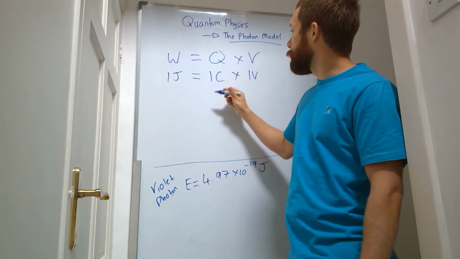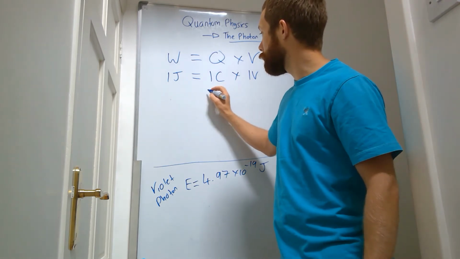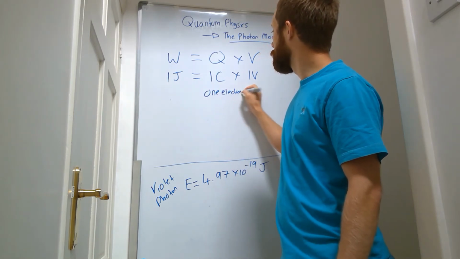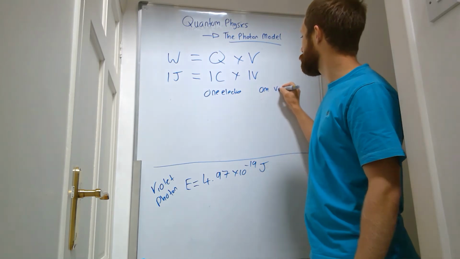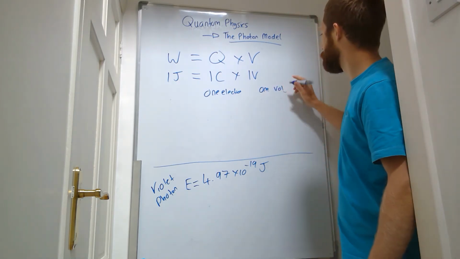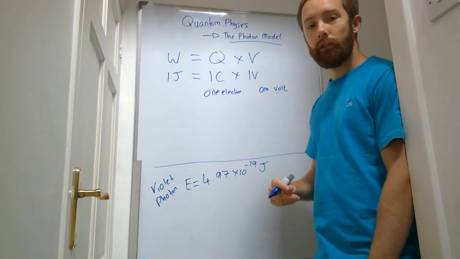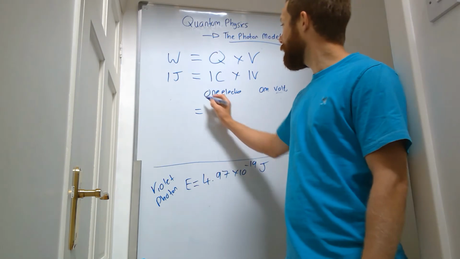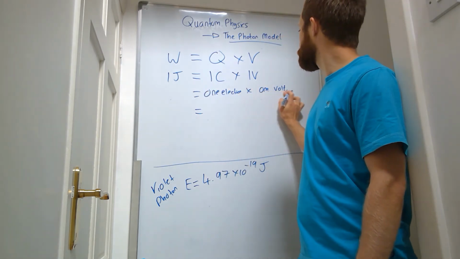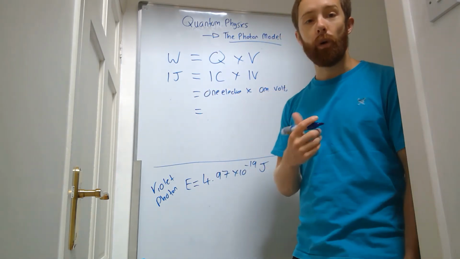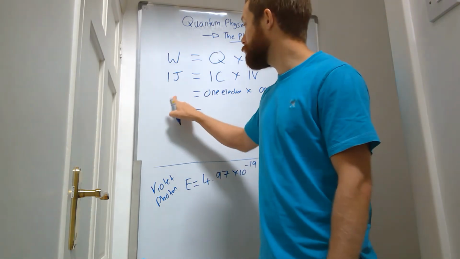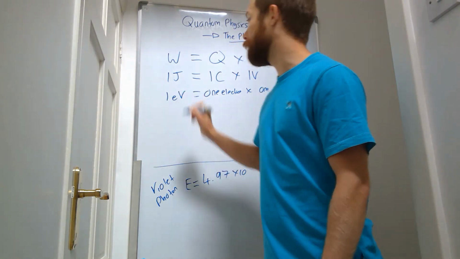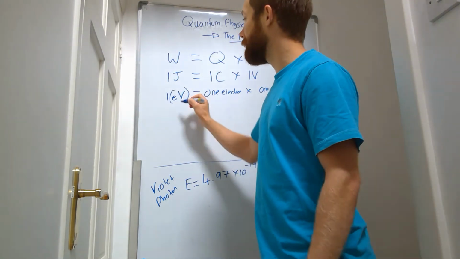So we're going to say 1 electron and 1 volt, and if you take 1 electron multiplied by 1 volt, you get something that is very imaginatively named. You get 1 electron volt.